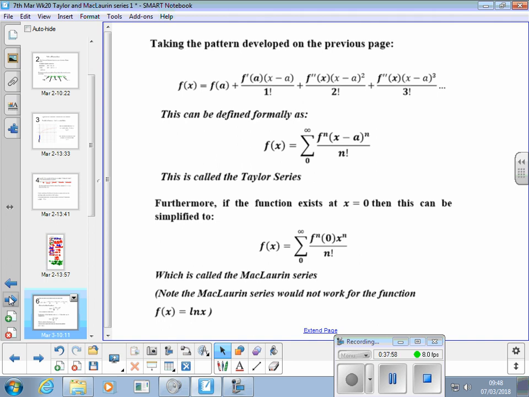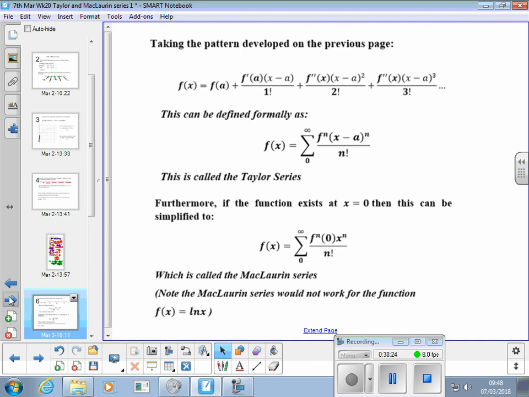That is the Maclaurin series. This is not times 0, sorry, it's the value of f to the n when x is 0. That's a modified Taylor series called the Maclaurin series.